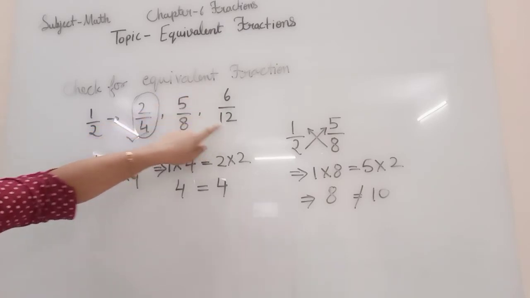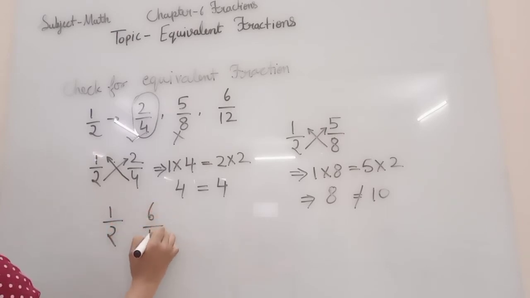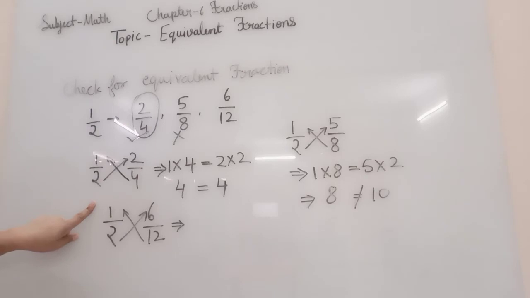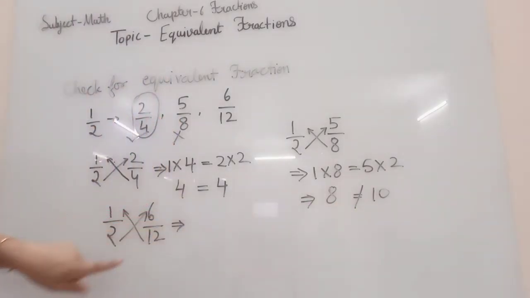Now let's check for 6 by 12. Is it an equivalent fraction of 1 by 2 or not? Again we'll do cross multiplication. If both parts come the same, it means it is equivalent. If they do not come the same, it means it is not an equivalent fraction.